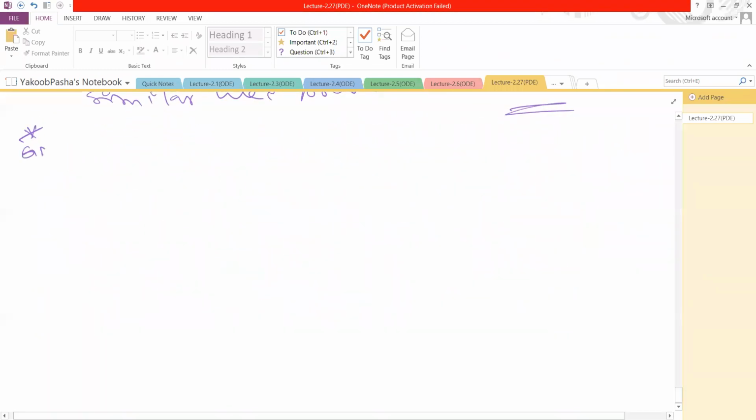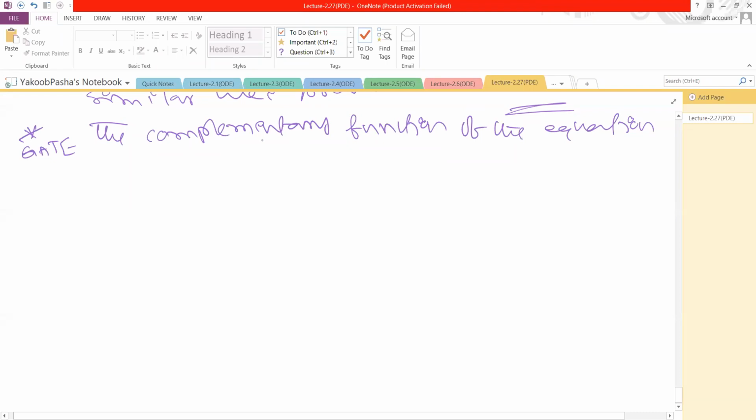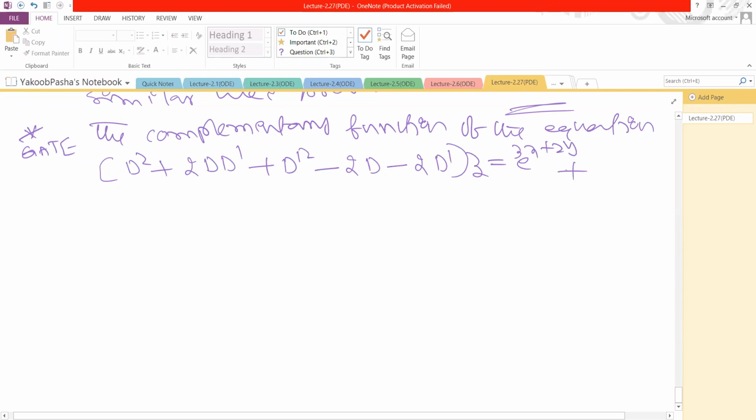Just a simple question I'm taking. The complementary function of the equation (D square plus 2DD' plus D' square minus 2D minus 2D') of z is equal to e to the power of 3x plus 2y plus sin(x plus 2y).